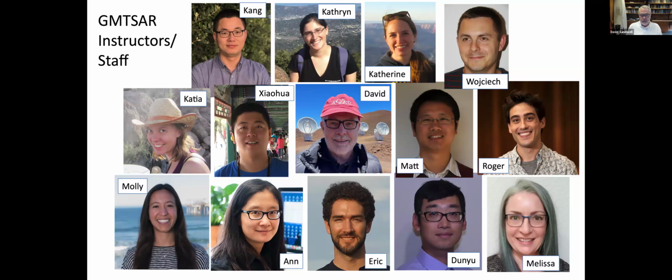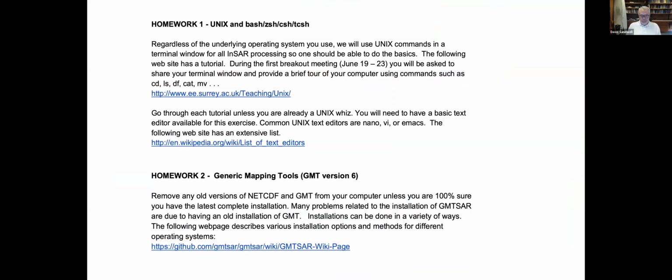But we also have this set of homeworks, and even if you don't have an instructor, it would be useful to go through these homeworks, and you could learn InSAR processing and GMTSAR on your own. The first homework is just to learn Unix, and that's a challenge in itself, and learn how to use a text editor and so on.